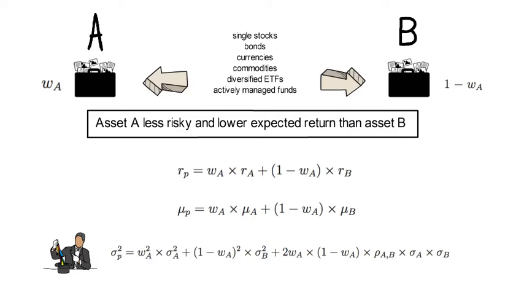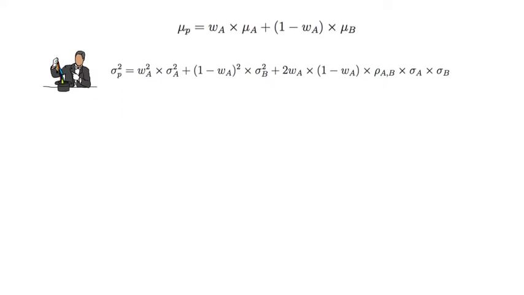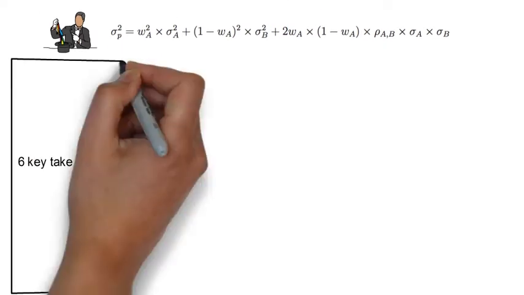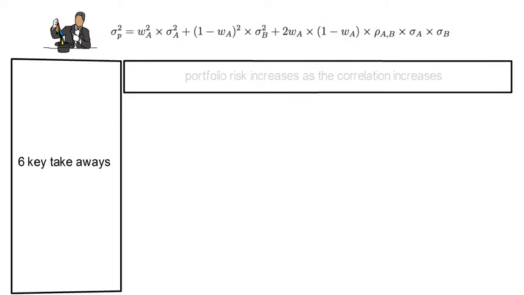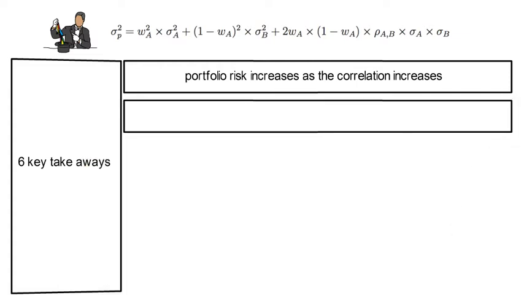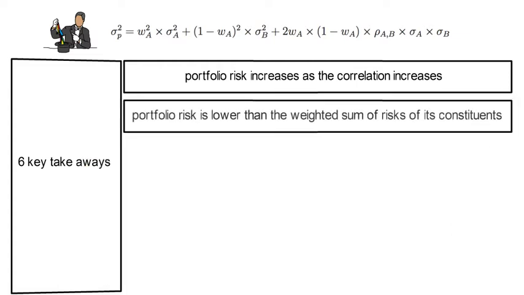So looking at the portfolio's variance, I want to highlight 6 takeaways. First, portfolio risk increases as the correlation increases. Second, as a general rule, portfolio risk is lower than the weighted sum of risks of its constituents.